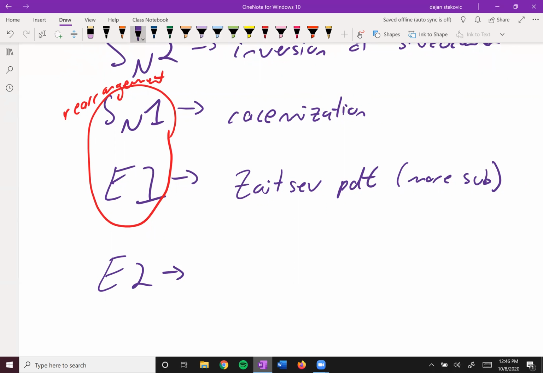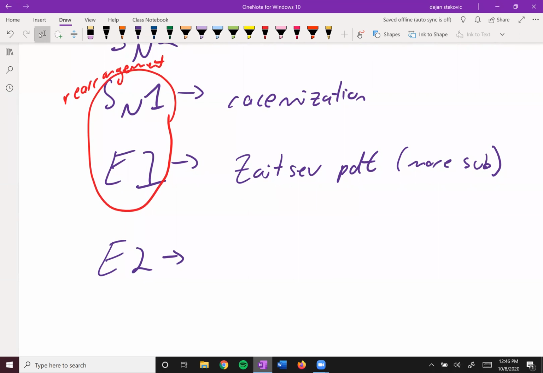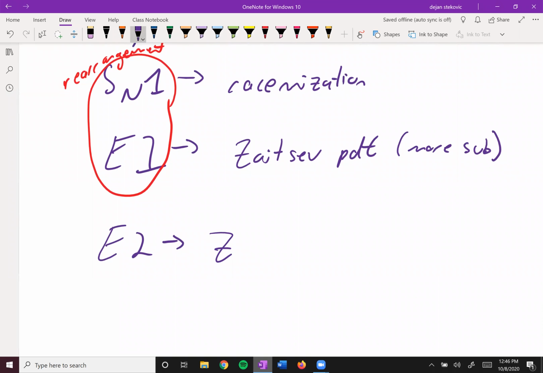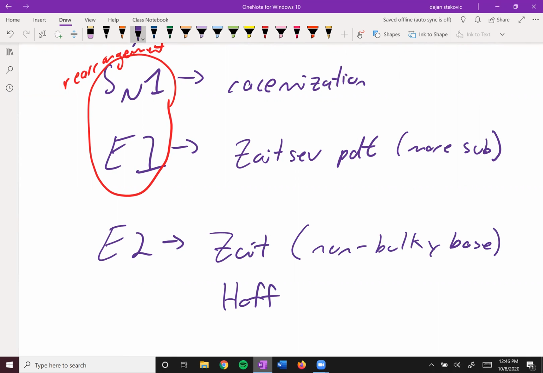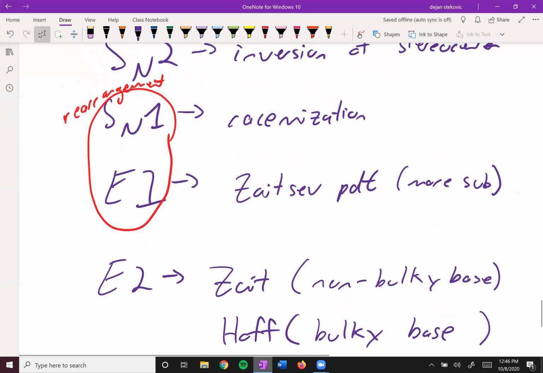And then the E2 pathway can give you either the Zaitsev or the Hofmann product. The Zaitsev will be favored with a non-bulky base, and that will be your more substituted alkene, and the Hofmann product will be favored by a bulky base, and that will be your less substituted alkene.